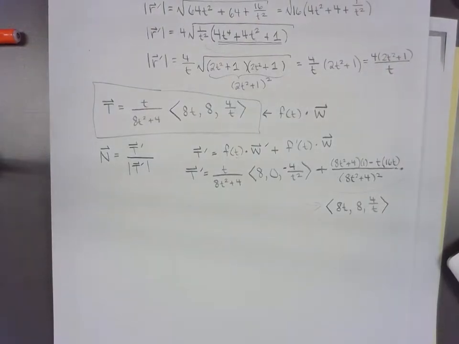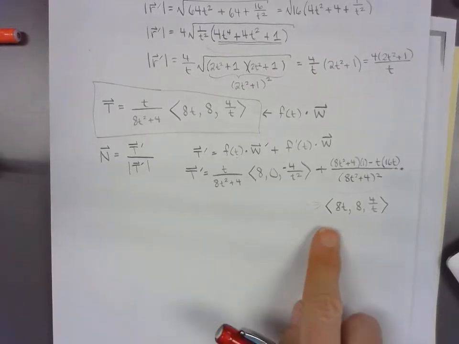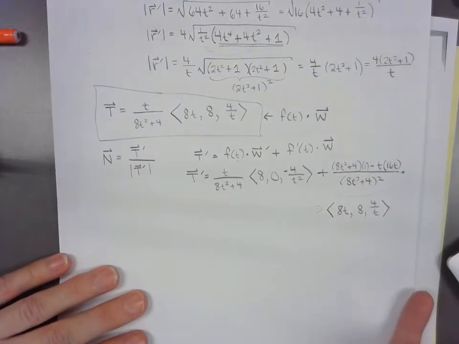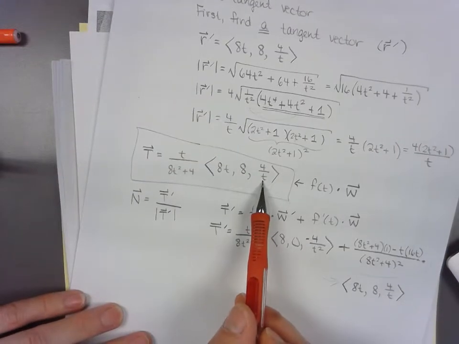See, on the test, if I had a problem like this where I asked you to find T, N, and B, it would probably be at a point instead of just find T, N, and B, not plugging in any values of t. Because say I wanted you to evaluate it at t equals, I couldn't do 0 because it would be undefined at 0.